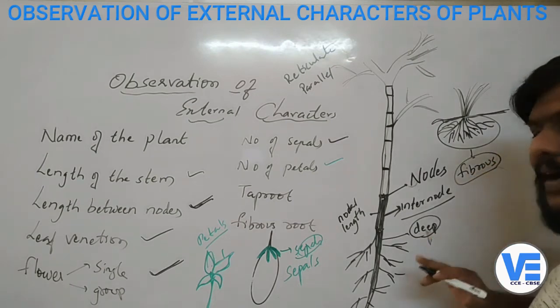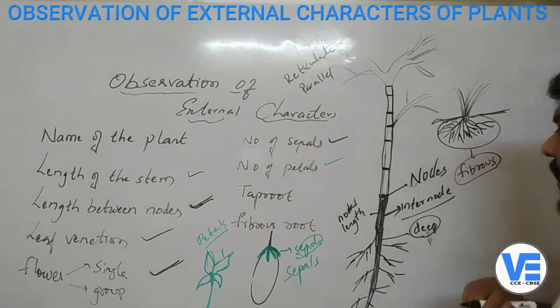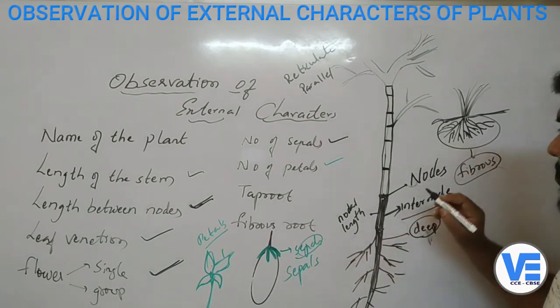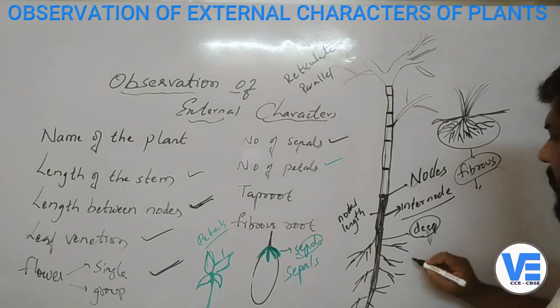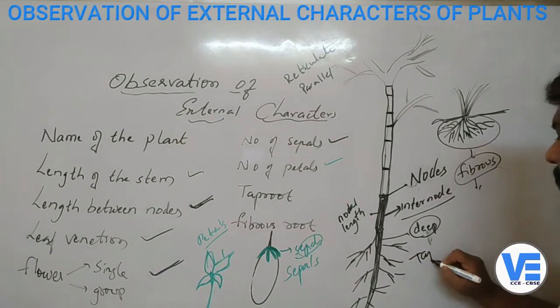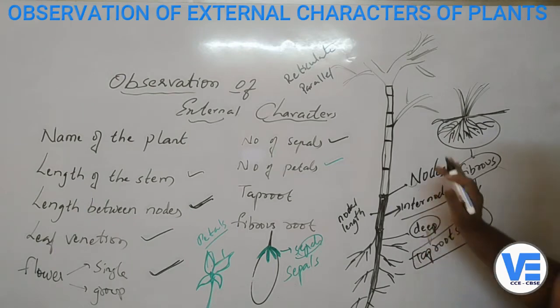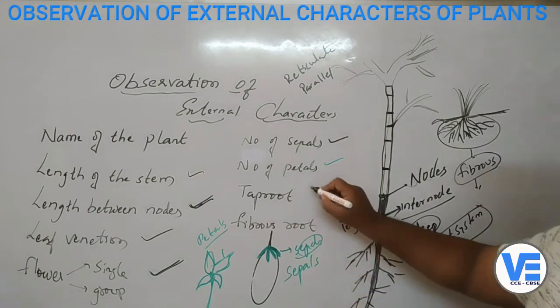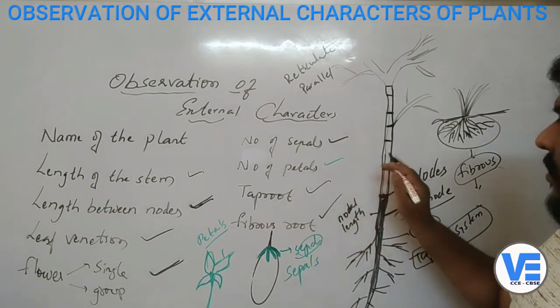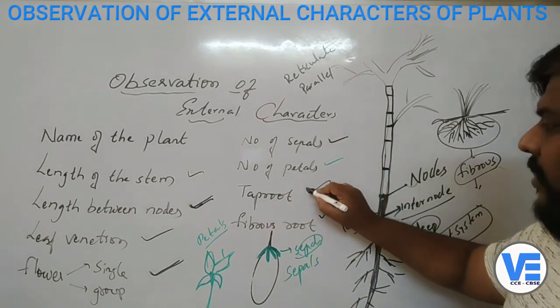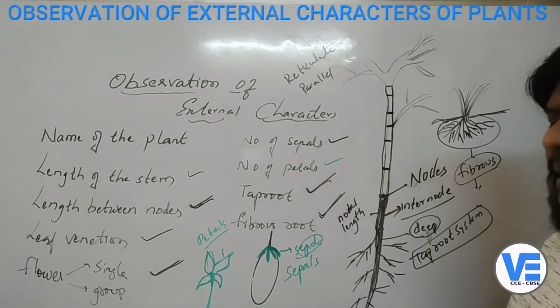So in every plant you can find two types of root systems. One is the fibrous root system and the second one is the taproot system. So now you have to check whether the plant which you have selected has taproot or fibrous root.